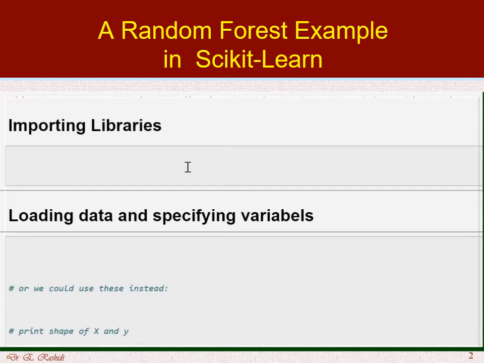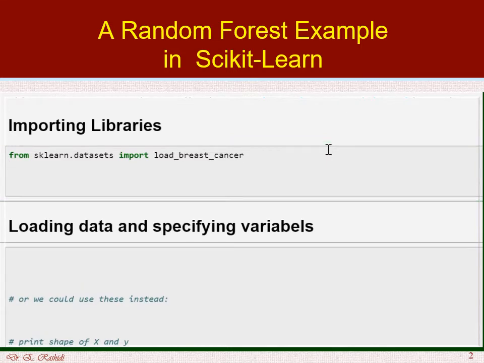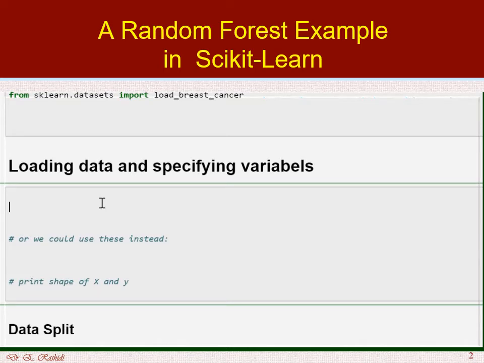So as always, we're going to start by importing the libraries that we need. We're going to work with the breast cancer data, so I'm going to import it from the Scikit-Learn dataset library. Next, we're going to load the data and specify our feature variable and target variable.